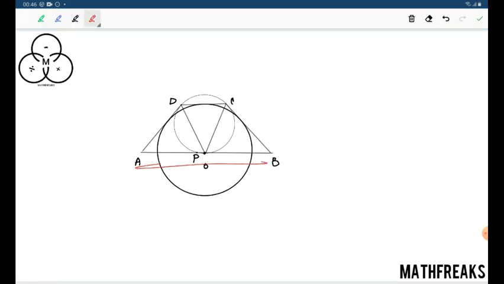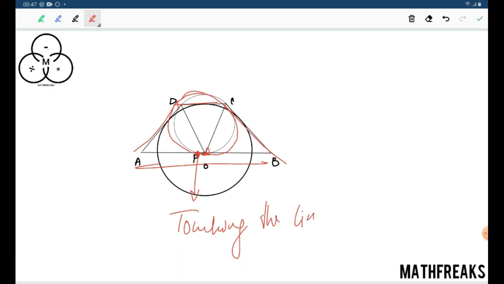This is AB. O is the center lying here. This is tangent, this is tangent, this is tangent. This is the circumcircle of DCO, touching the line AB at P.